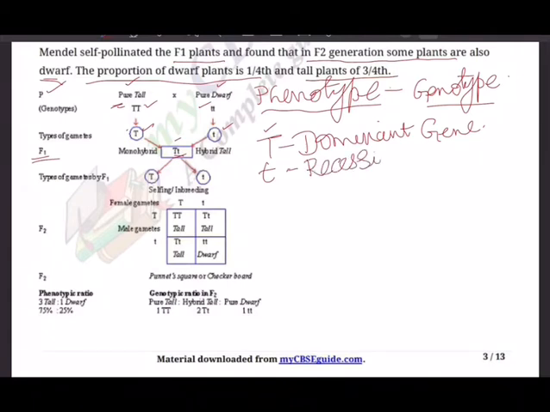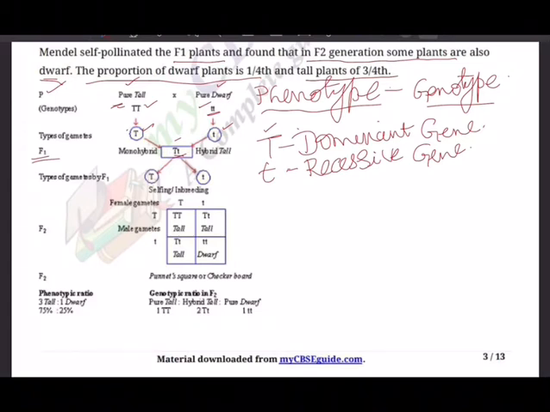Recessive means not dominant. So a recessive gene is a gene that cannot express itself in the presence of a dominant gene. Of course, when the dominant gene is not there, like you have seen in the parental generation, small t, small t, both are recessive genes, yet they are expressing the character called dwarfism.